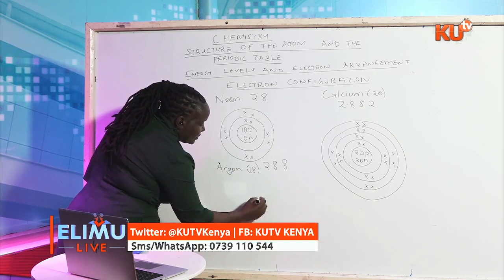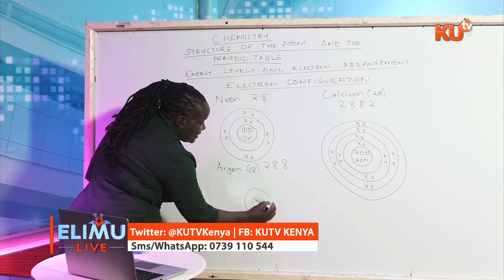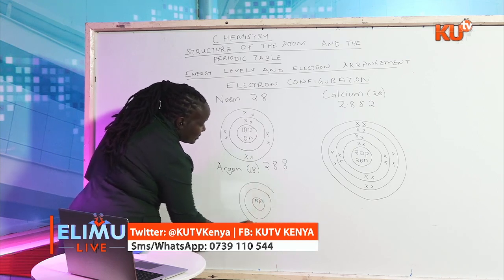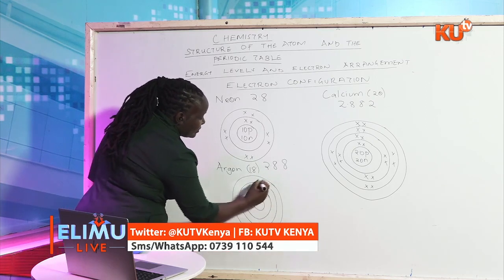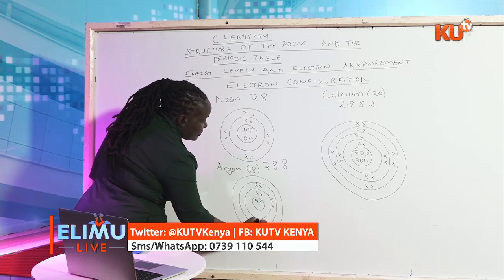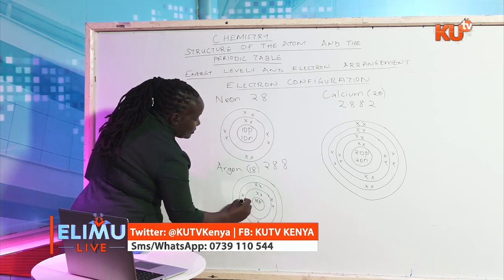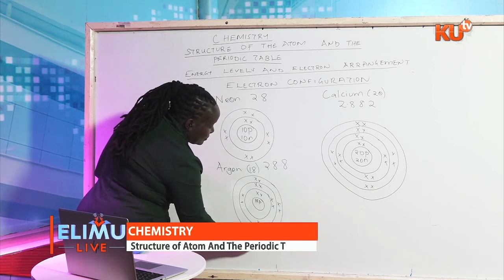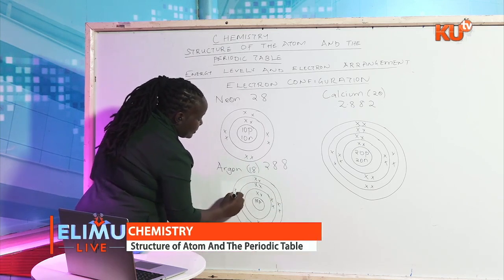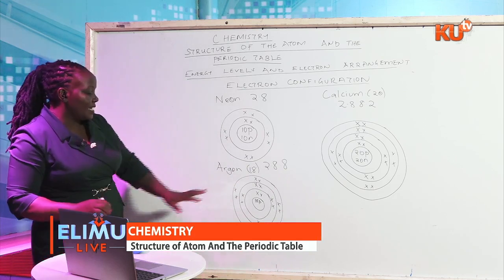We'll have 18 protons, and it has 3 energy levels. So its structure looks like that.